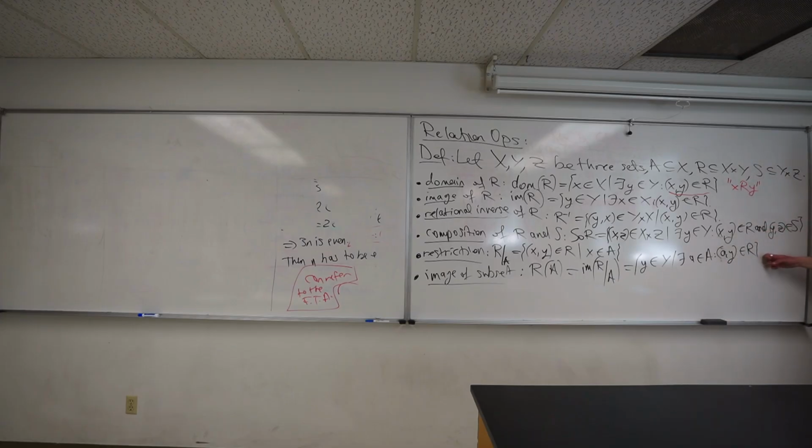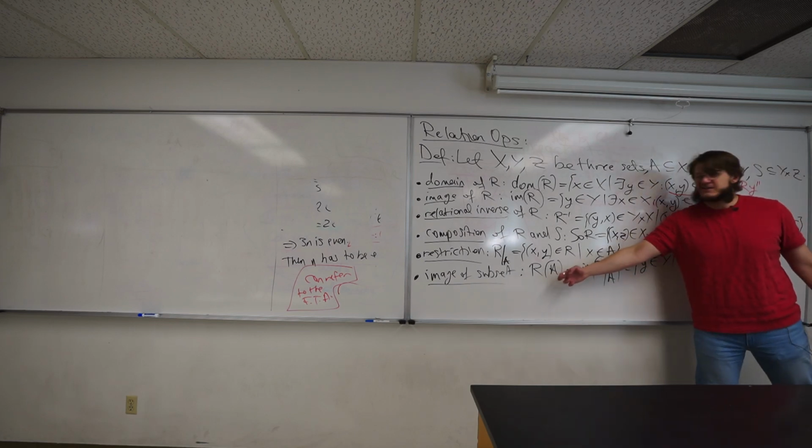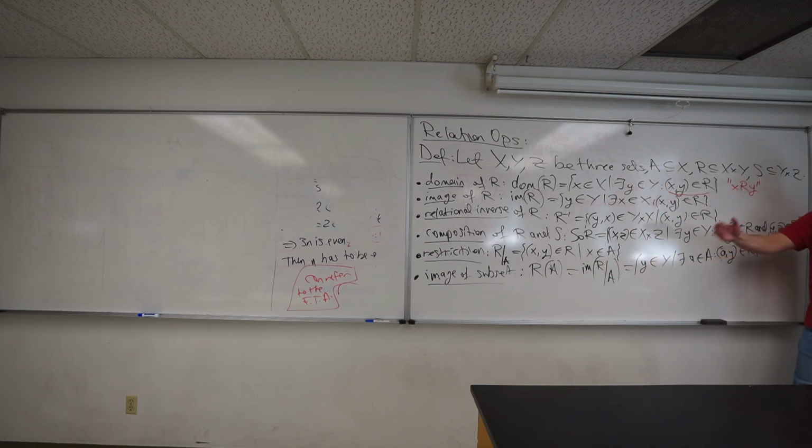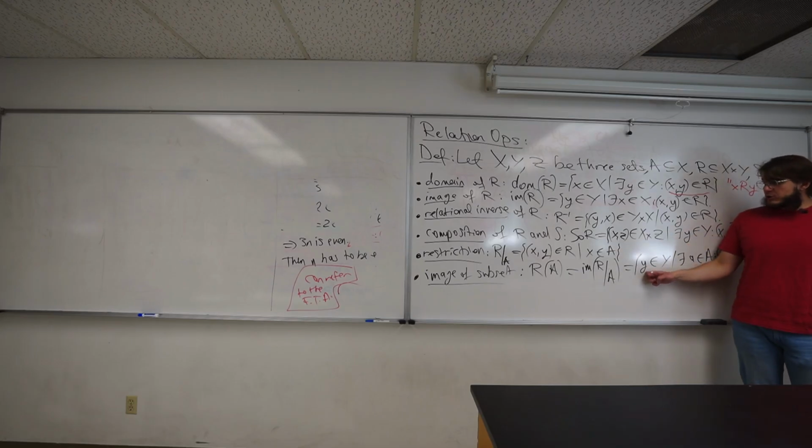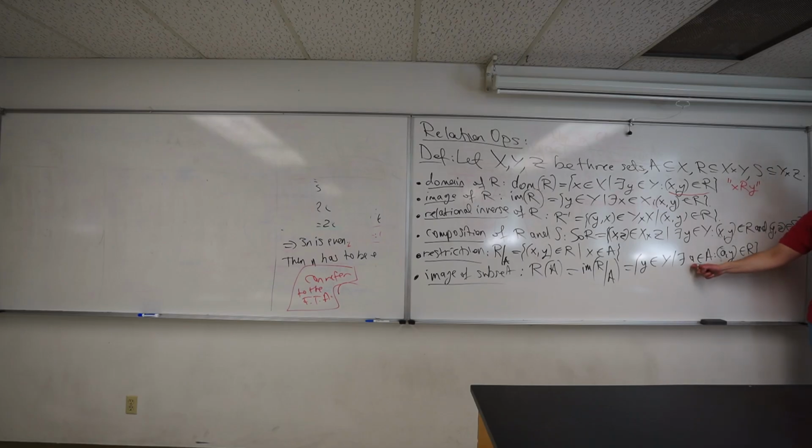Yeah, that's why I'm using a bar here. Perhaps we can turn this into simple English to parse it out. What is R of A? A is a subset of X, R is a relation from X to Y, so R of A is going to be a subset of Y. It is defined as the set of all those lowercase y's in Y such that some lowercase a in uppercase A is related to y through R. That's one way of turning it into simple English.